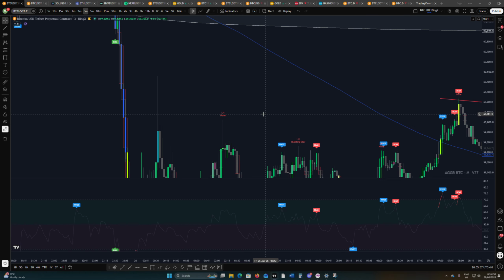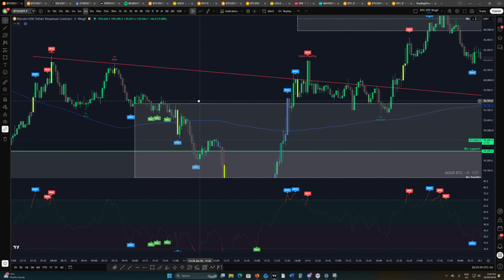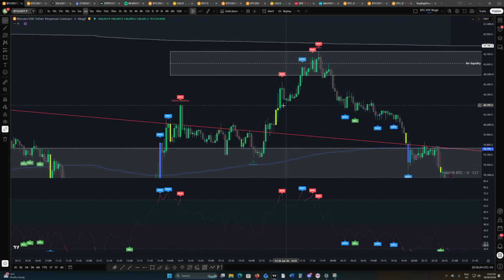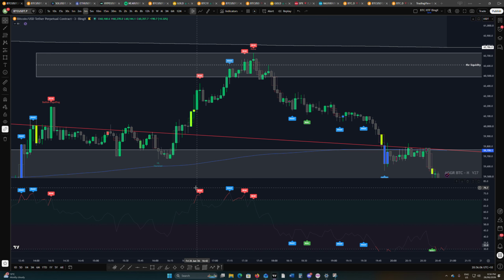What else? And then you get another one here on the 3 minute and then another one here on the 3 minute as well. So you get the pivot and then you get two divergences in the top. So that's what I'd be looking for.